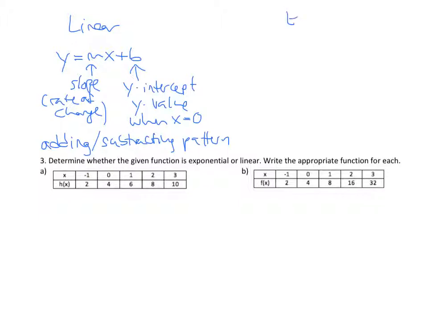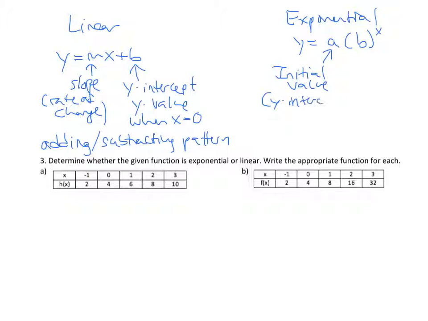An exponential relationship can be written in the form y equals a times b to the x power, where a is called the initial value, and this also happens to be the y-intercept, or the y value when x equals 0. And b we call the growth factor.